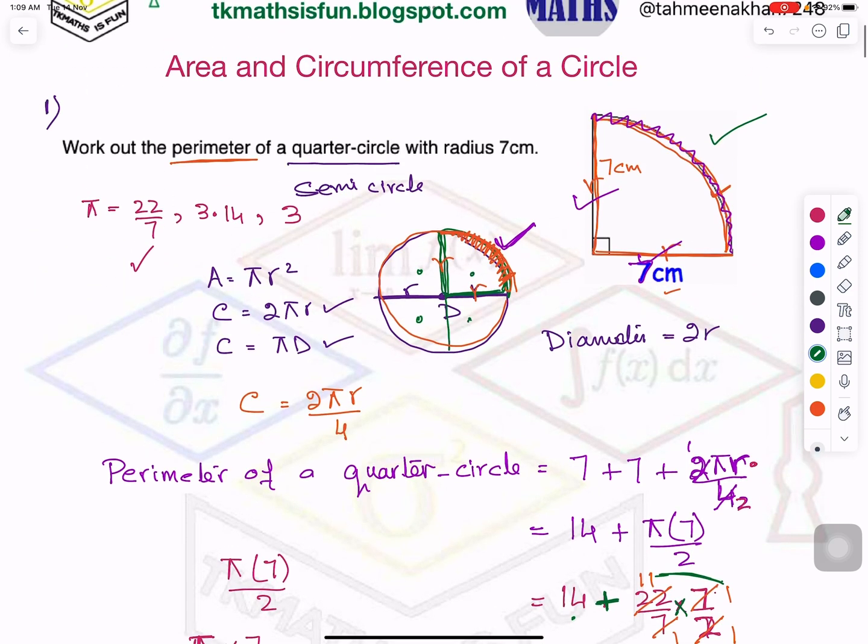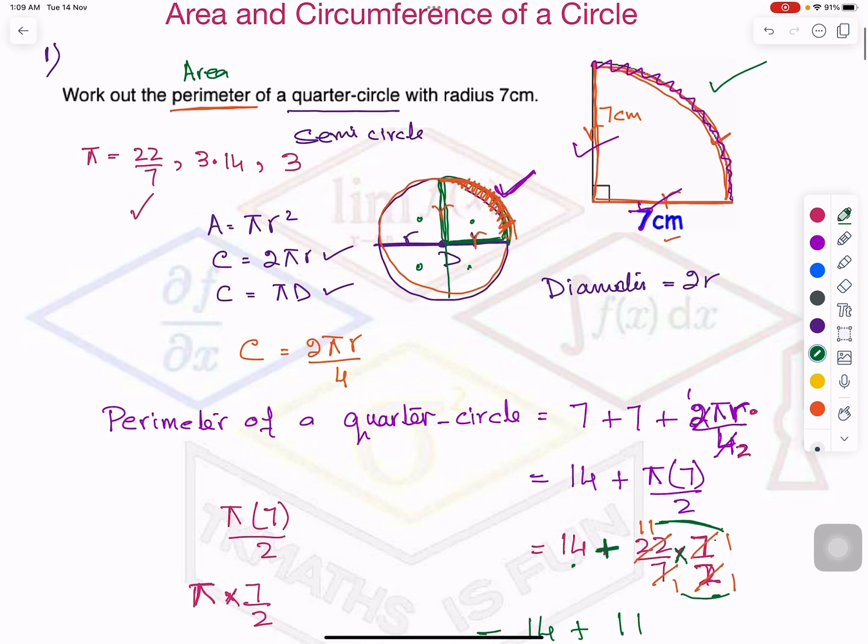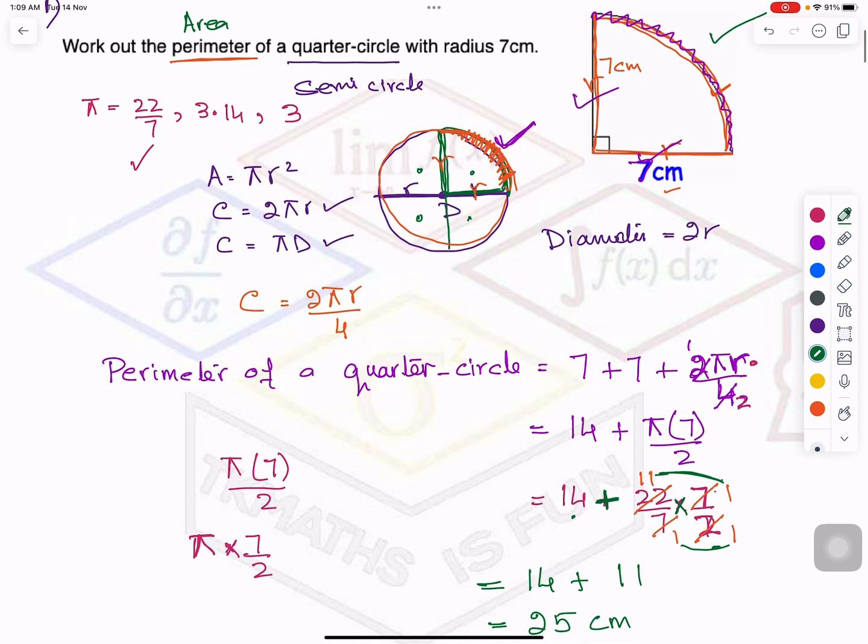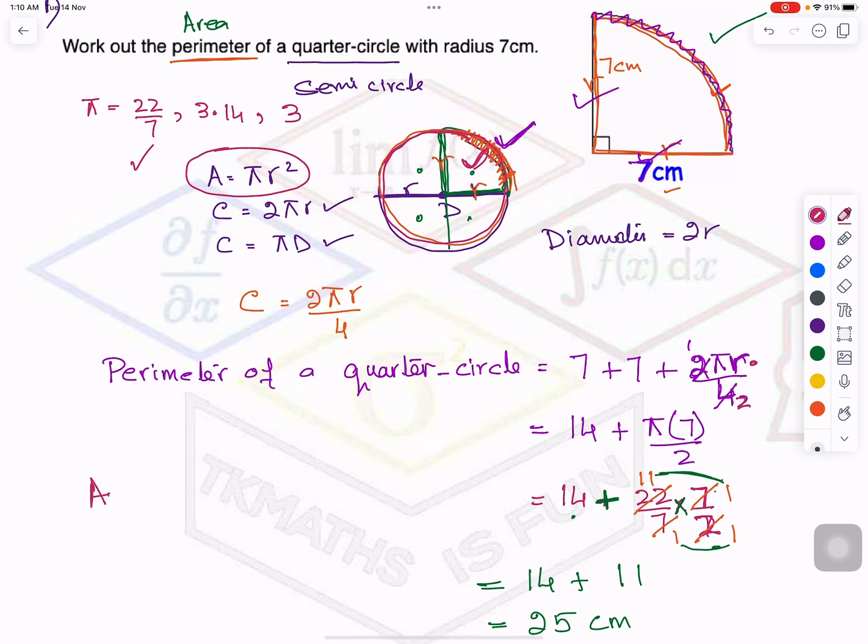For example, in the same question, if I say find out the area of a quarter circle. Now this is also very simple. You know why? Because a quarter circle is 1/4 of the whole circle, and the whole circle area is pi r square. So if you have to find out the area of a quarter circle, it simply means you will find 1/4 of the area of a circle.